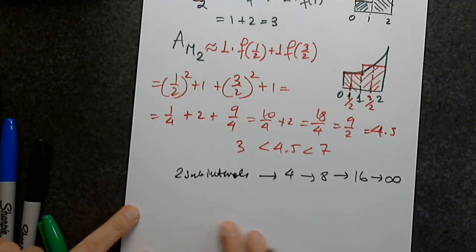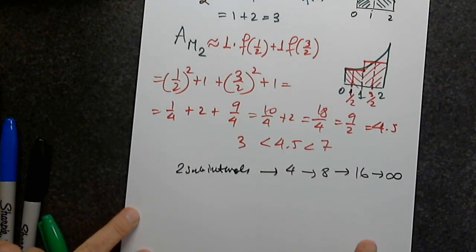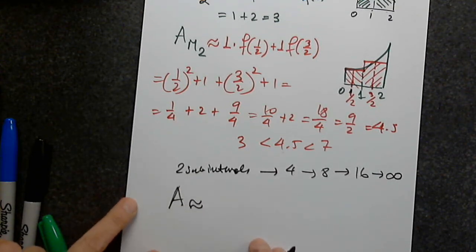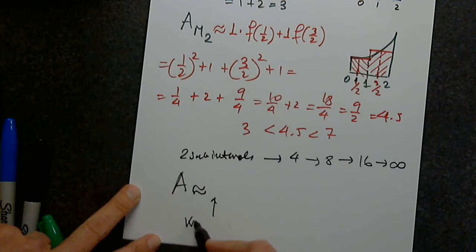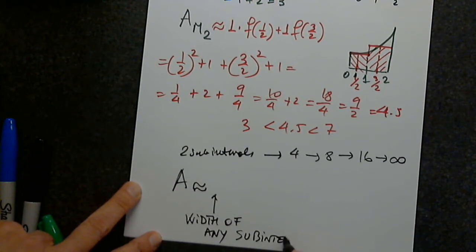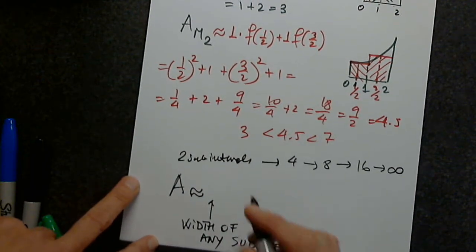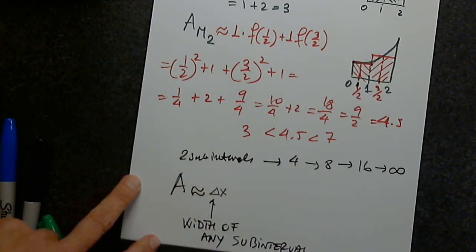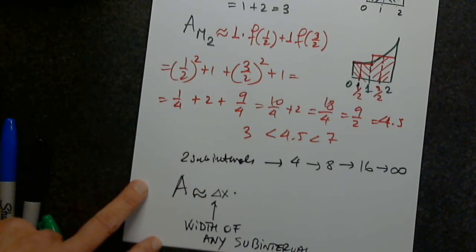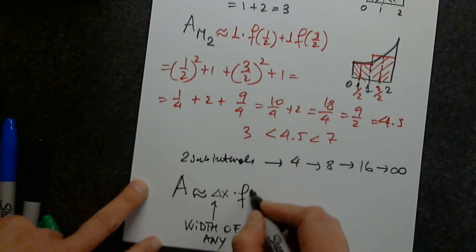So first of all, let's express the area. The area is approximately the width, assuming we divide it up in the same length, the width of any subinterval, denoted by delta x, and we'll determine it in a minute, multiplied by the height, which is f of x.